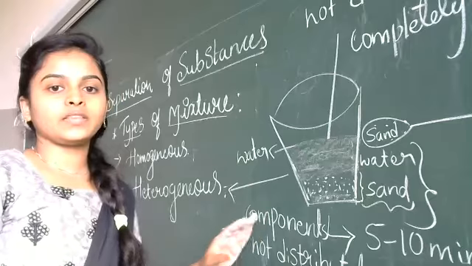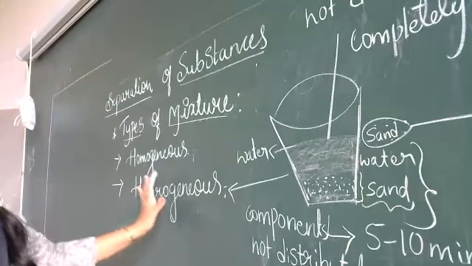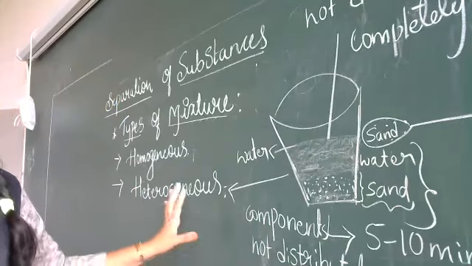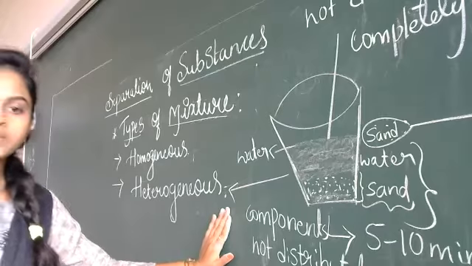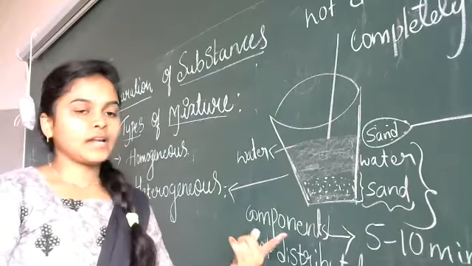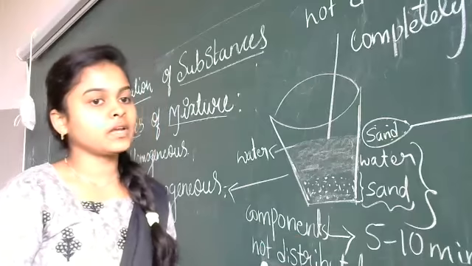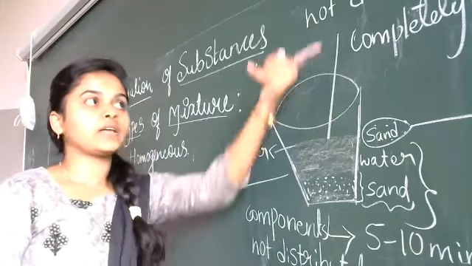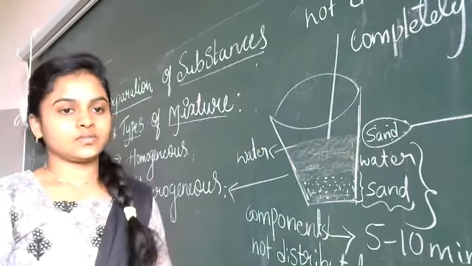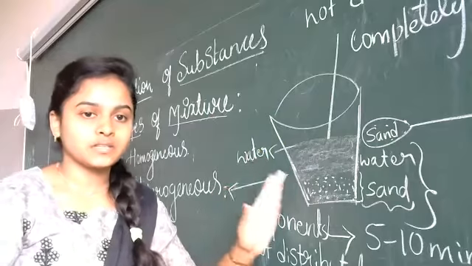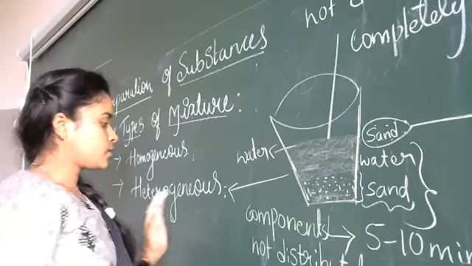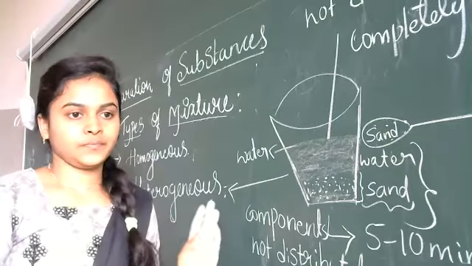So this is everything about heterogeneous mixtures. Heterogeneous mixtures are those in which the components are not evenly distributed, and they are not completely dissolved. Such mixtures are called heterogeneous mixtures.